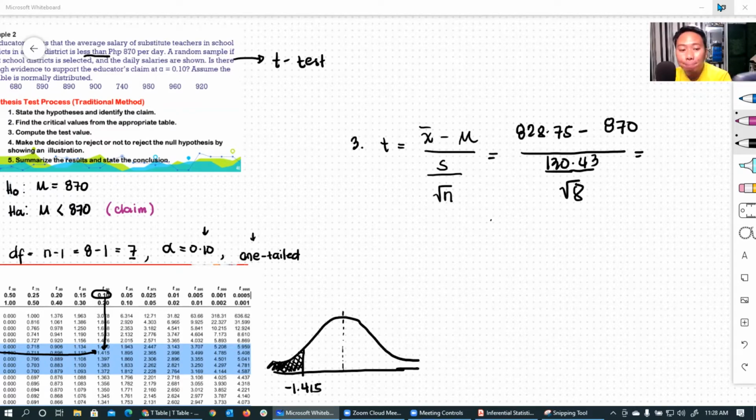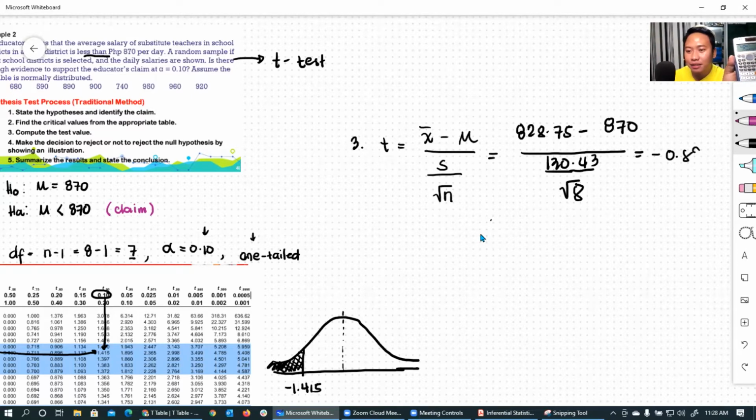Let's try. 828.75 minus 870 over 130.43 over square root of 8. Negative 0.89. Very good.